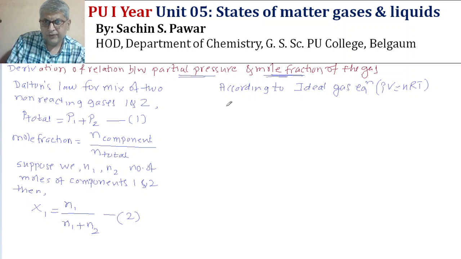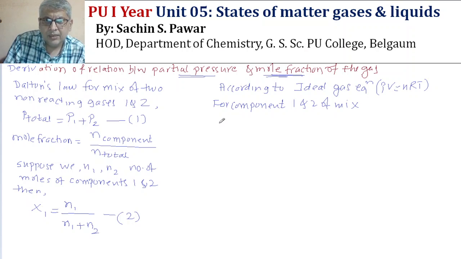We know for components 1 and 2 of the mixture, the partial pressure P1 for component 1 into V, the volume remains the same because the container is not changing its volume, is equal to the number of moles of that component into R into T. So here N1 becomes P1 into V by RT.